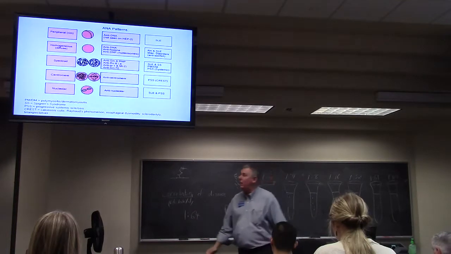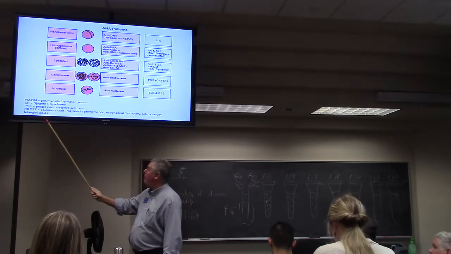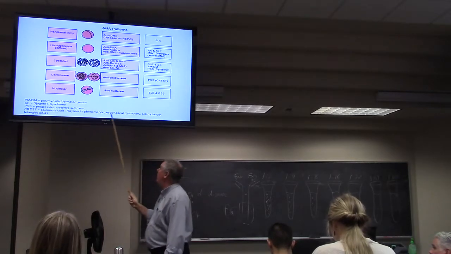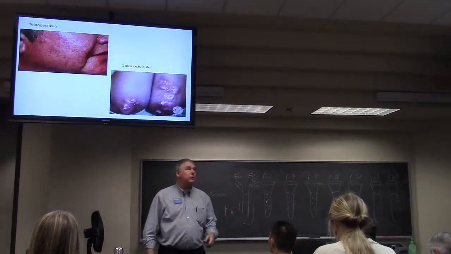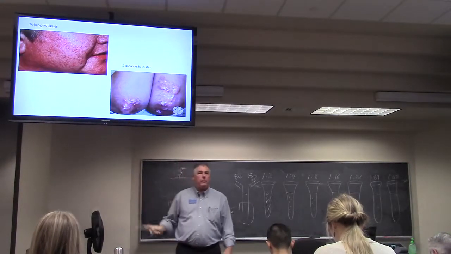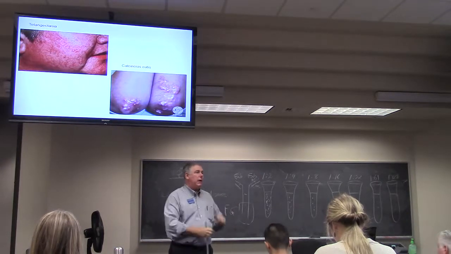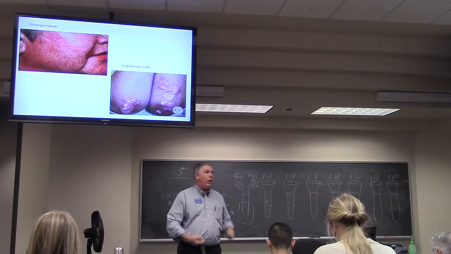A couple of things here. CREST, and then we're going to talk about this later on. I just wanted to point out what telangiectasias are and what calcinosis cutis is. Calcinosis cutis is the development of hard, rock-like calcified deposits in certain parts of the body. It happens a lot in front of the knees and on the elbows.